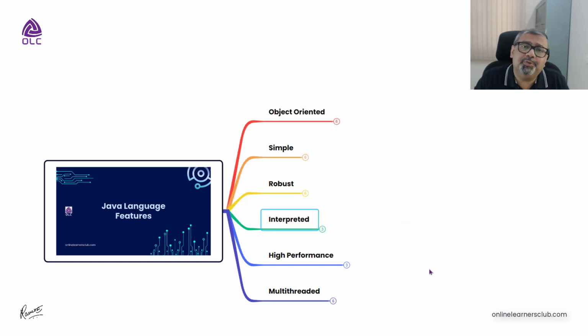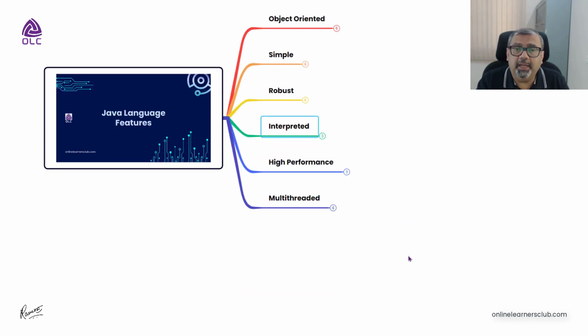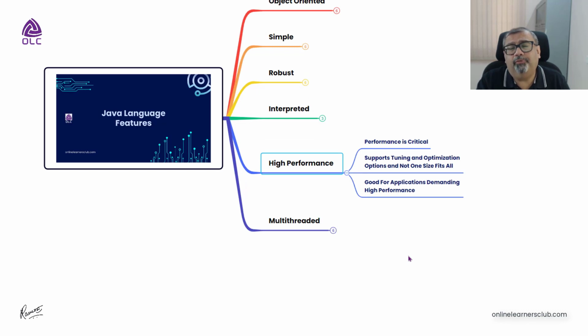In addition to it, Java supports high performance requirements. So if you are planning to develop an application which requires immense performance, yes, Java is an option that you can choose.